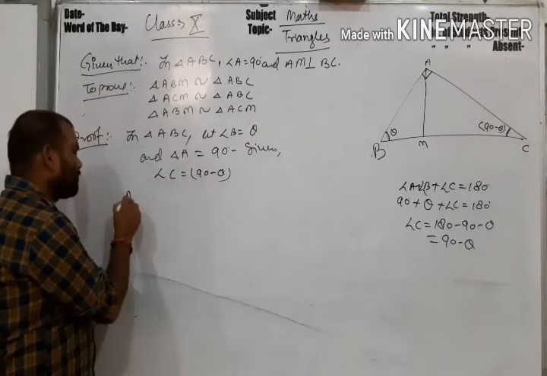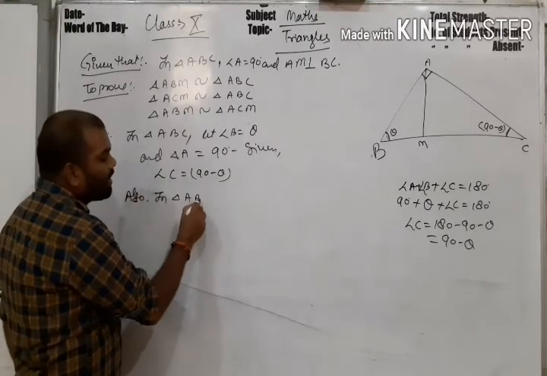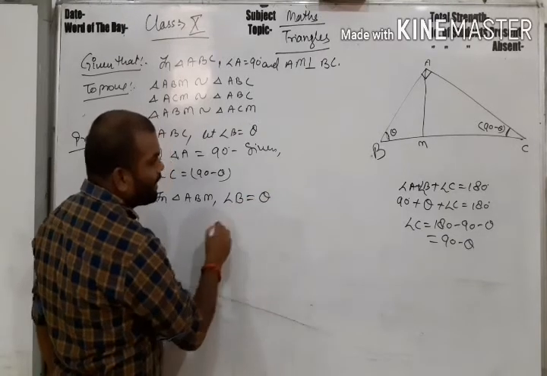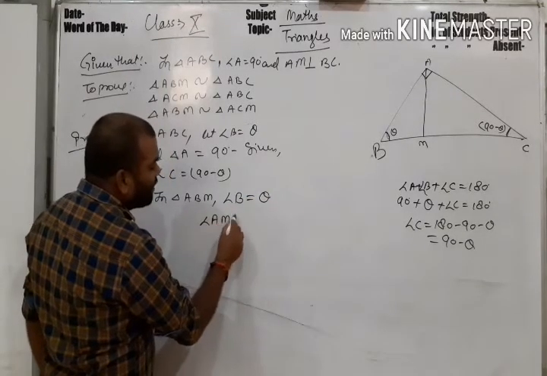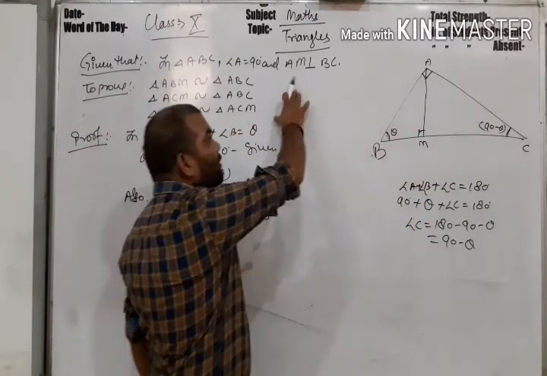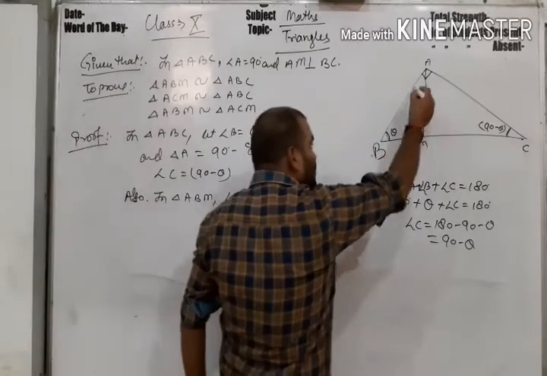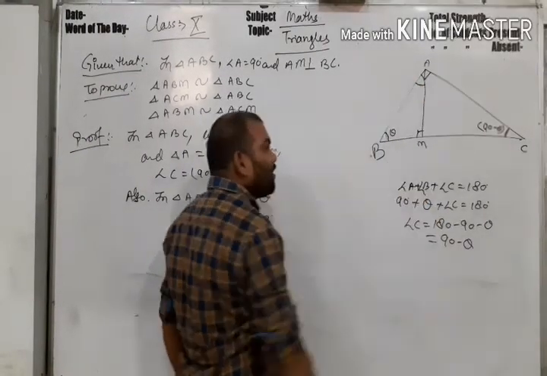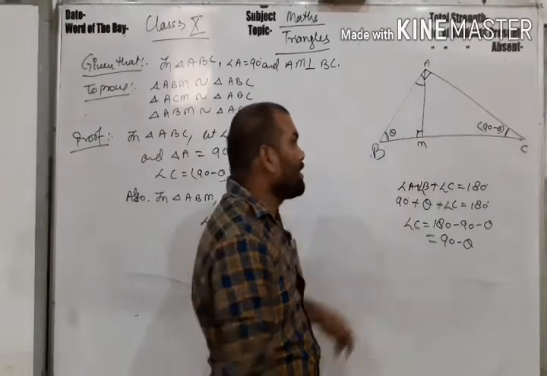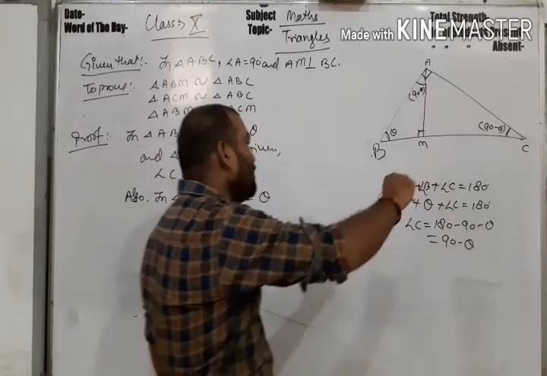Also in triangle ABM, we know that angle B is theta degree and angle AMB is 90 degree, right? Because this is given, AM is perpendicular to BC. So what about this angle? Again the same reason, this angle is theta, this angle is 90, so this angle becomes 90 minus theta.